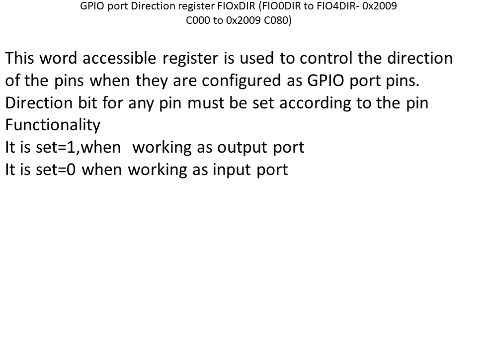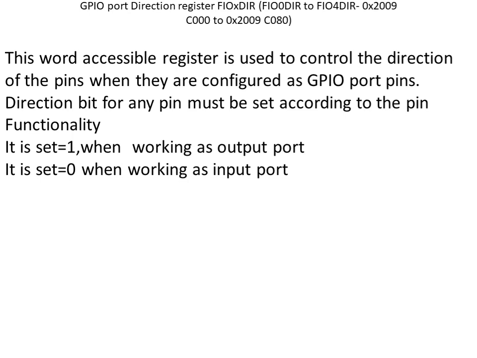This is the general purpose input output port direction control register, that is FIODIR. How are we using it? We are making it an output port, so those values we are going to set as 1. Port 0 bit 4 to port 0 bit 11 are made equal to 1. It is a word accessible register and is used to control the direction of the pins when they are configured as GPIO port pins.